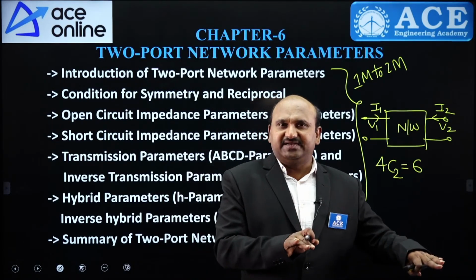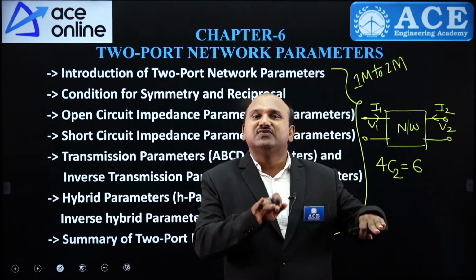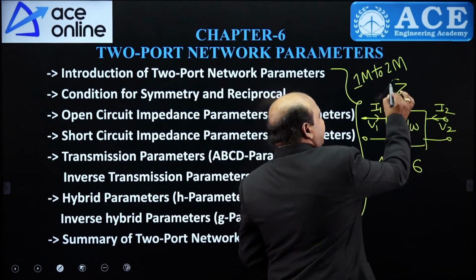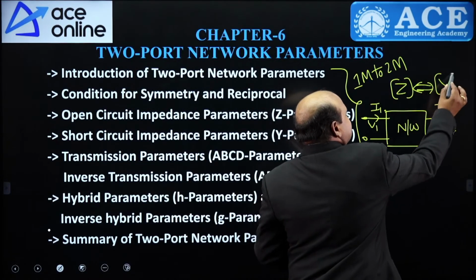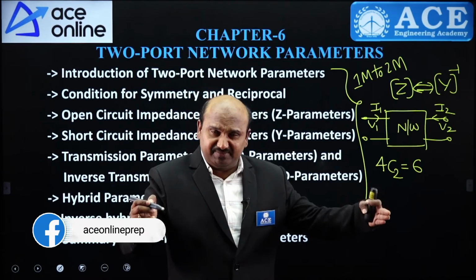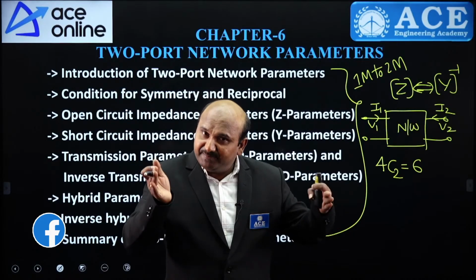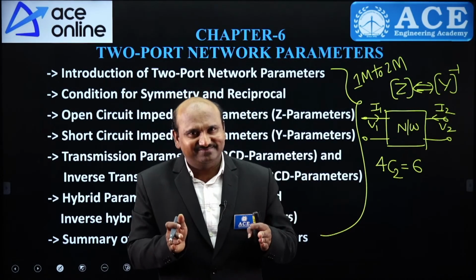ABCD to inverse ABCD parameters, and hybrid parameters to inverse hybrid parameters. All are inverses here. If you want to get Z from Y, it is the inverse, and vice versa. ABCD parameters to inverse ABCD parameters, inverse, vice versa. And hybrid parameters to inverse hybrid parameters, inverse, vice versa.